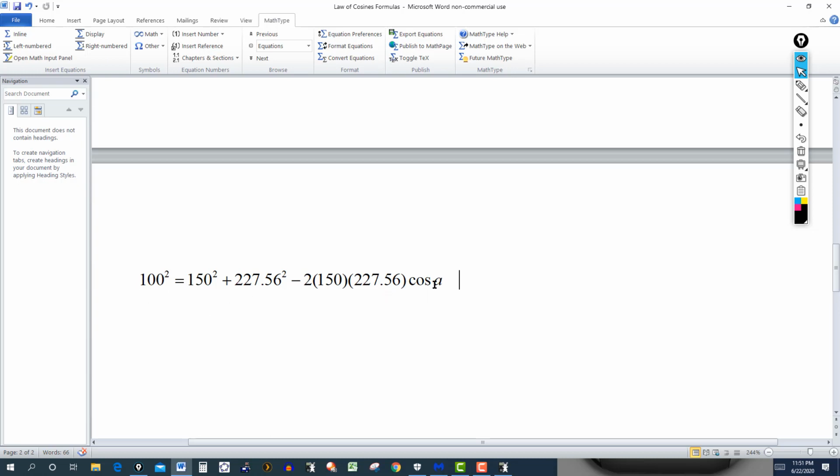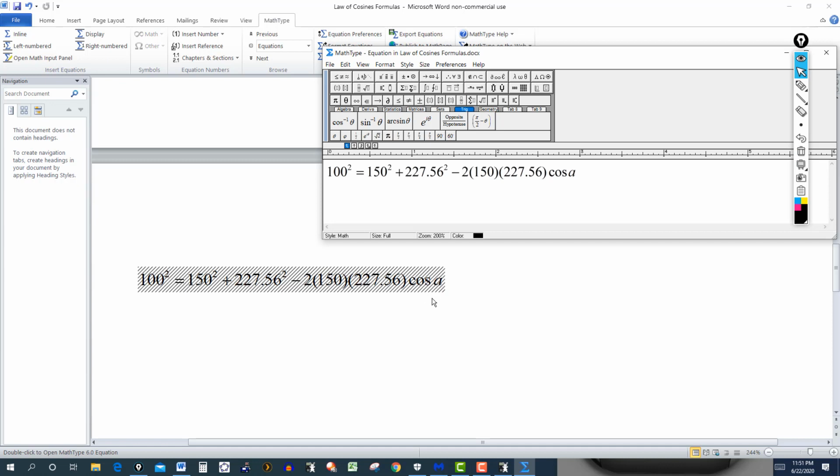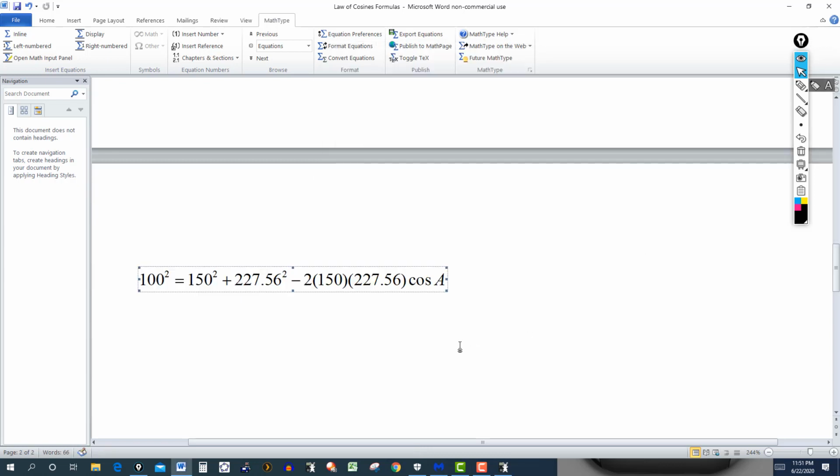We want A, so this should be capital A. So here's your setup then. Take the square of one side, in this case 100, and it should equal the sum of the squares of the other two sides minus twice the product of those two sides times the cosine of the included angle.